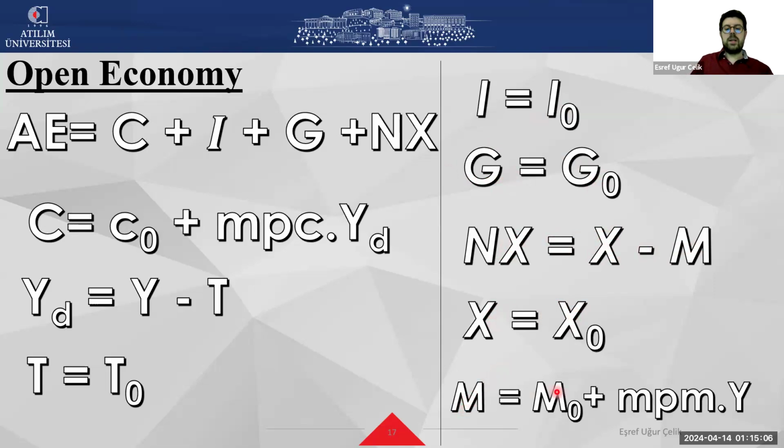But import part is different. Autonomous import part plus marginal propensity to import, sorry about waiting, multiply total income. Okay.